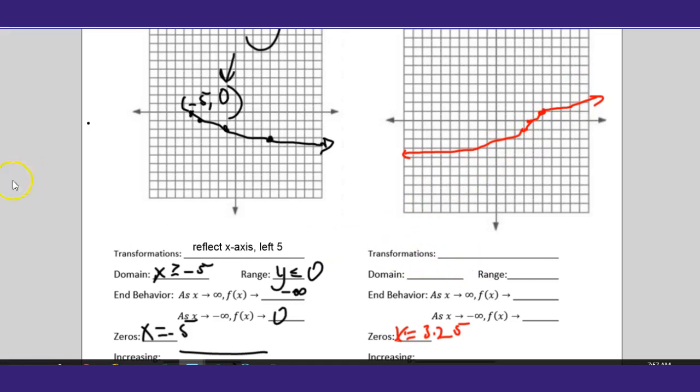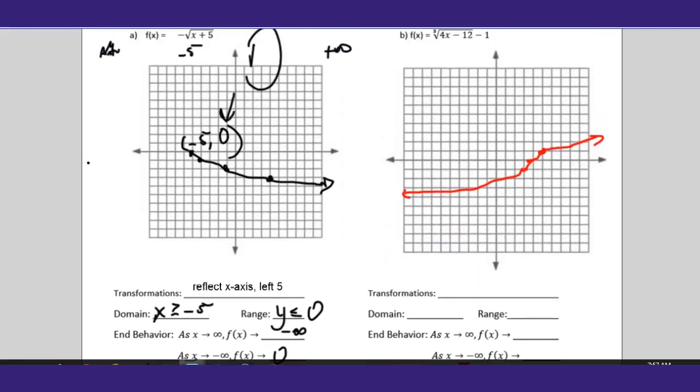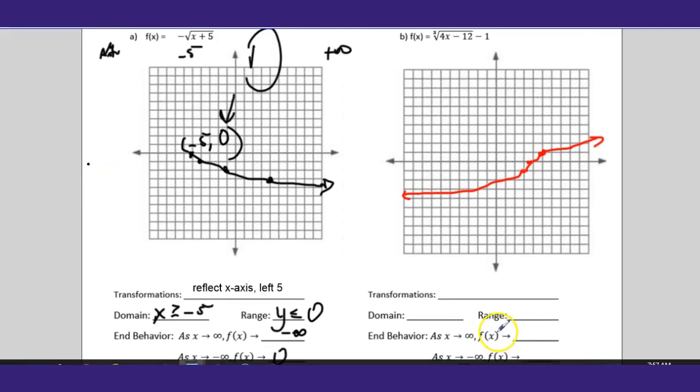Now, transformation. Let's talk about transformation. Well, since it's a cube root, here we go. We're going to type this thing in. All right, we have the transformation.